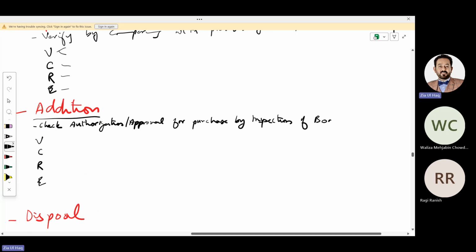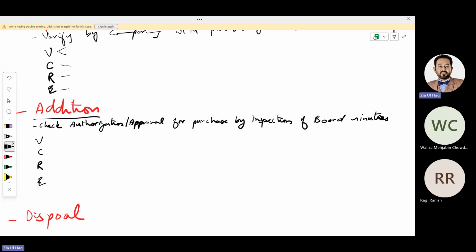What are board minutes? Things that happen in a board meeting. The recording of management meetings. When management conducts a meeting, the recording of that meeting is called board minutes. We will inspect whether this asset purchase was discussed in that meeting or not. And if this was approved, this was authorized, so it was added, not fictitious.